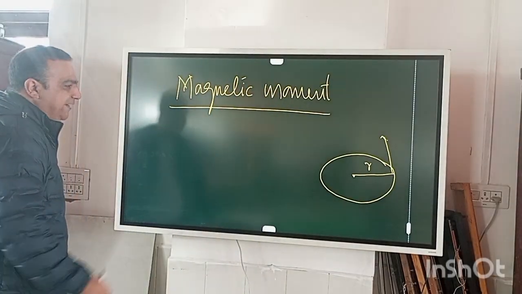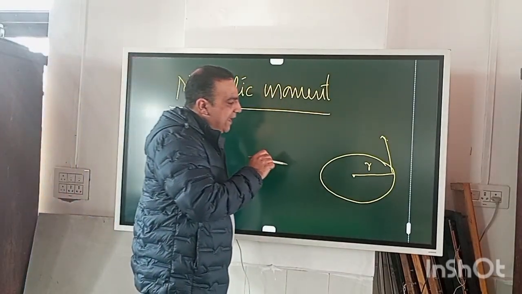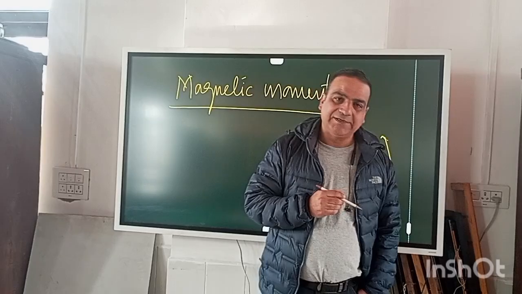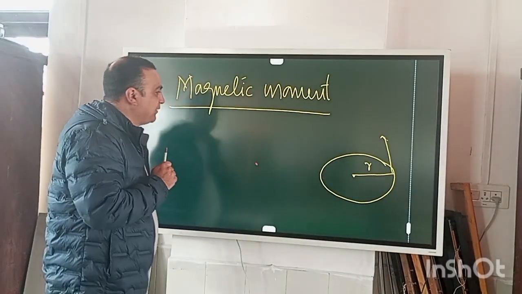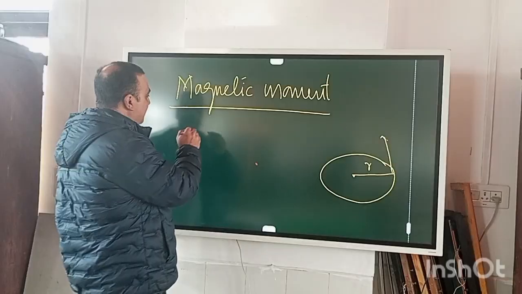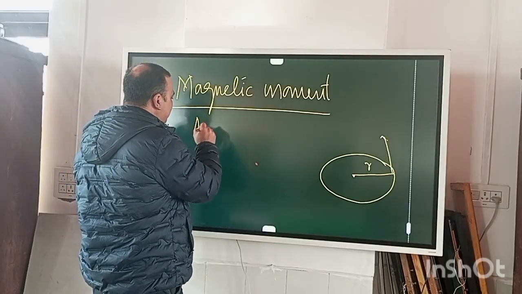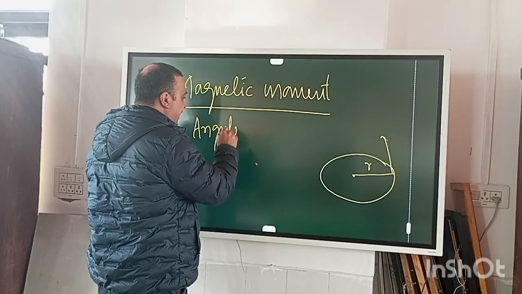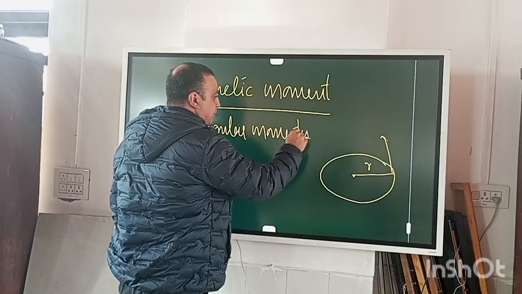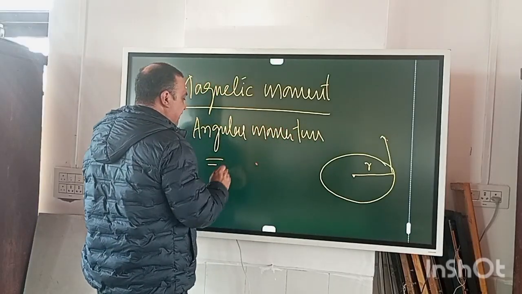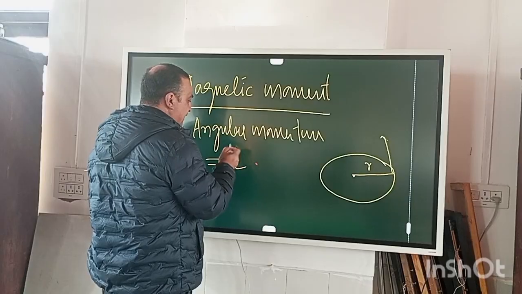If I have to write down the angular momentum of this electron revolving in this plane of orbit, let's assume that the angular momentum of this electron is L.